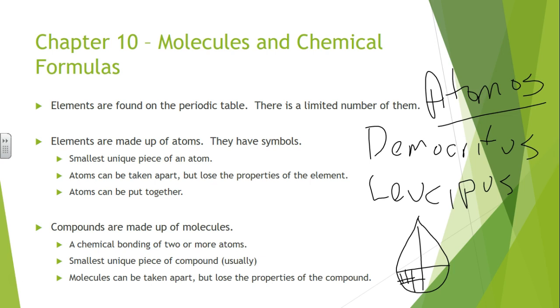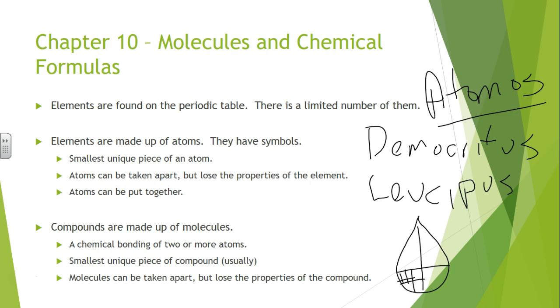Once you start taking apart atoms and breaking them even further apart, which you can do, it loses the properties. So the atom is the smallest unique piece of matter. Okay? Now, forget about taking atoms apart. What we can do is we can take and put atoms together. Okay? That's where we can get compounds and molecules and things like that.